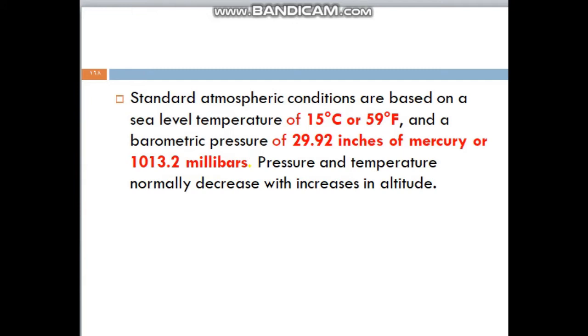Standard atmospheric conditions are based on a sea level temperature of 15 Celsius or 59 Fahrenheit and a barometric pressure of 29.92 inches of mercury or 1013.2 millibars. Pressure and temperature normally decrease with an increase in altitude. If the altitude decreases, the pressure and temperature will increase.